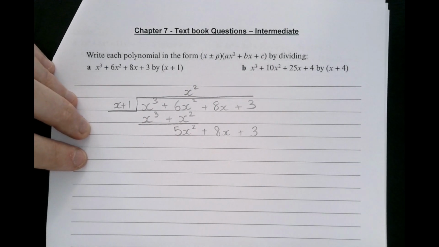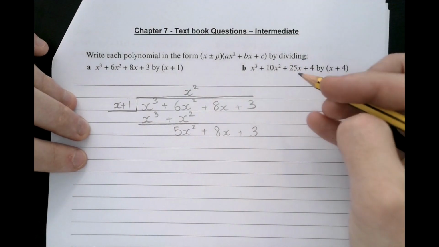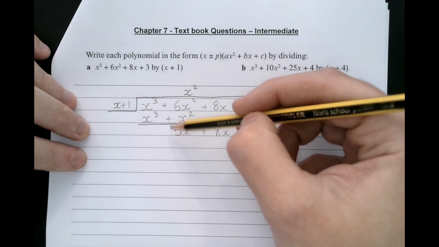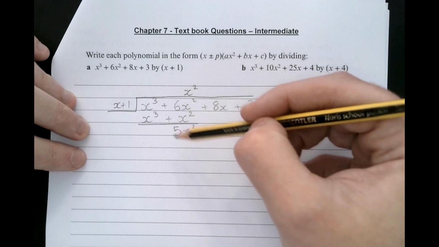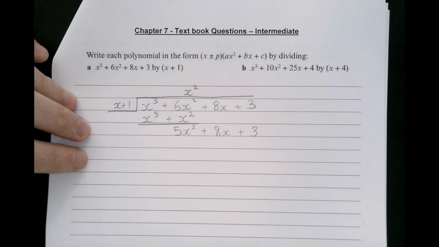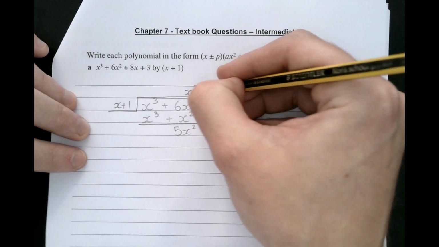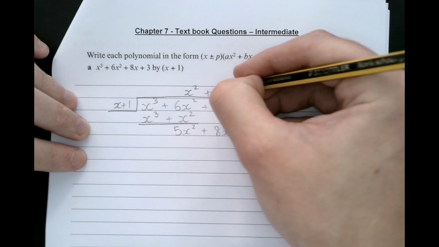If you're thinking about other things and you haven't practiced enough, then you can accidentally add instead of taking away. But 6 take away 1 is 5. Maybe there'll be some later where it's negatives. Then do this divided by that. So 5x squared divided by x is 5x.